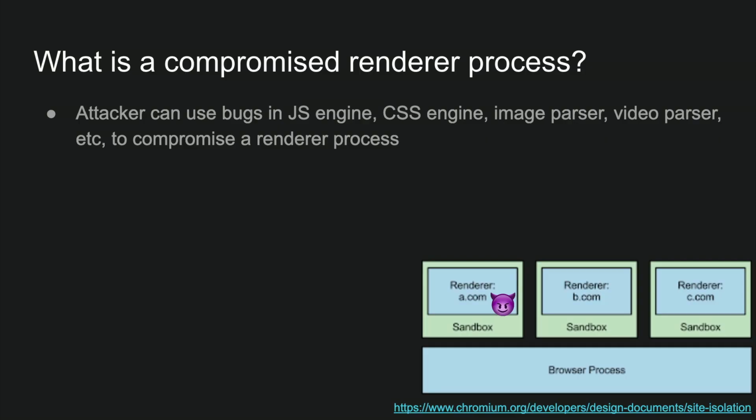A compromised render process is basically like this. The render process loads a lot of things like JavaScript, CSS, images, video, audio, etc. Why do they load in the render process? Because those things have a lot of bugs, and the browser first wants to make sure that all the bugs are in the renderer, so that the browser process that runs out of sandbox does not have many bugs.